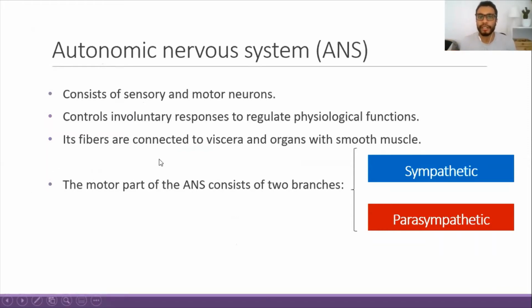These fibers are connected to the viscera and organs with smooth muscle, therefore involuntary response, because this is smooth muscle activity. And the motor part of the autonomic nervous system consists of two branches. So sympathetic and parasympathetic divisions are basically parts of the motor autonomic nervous system, okay?